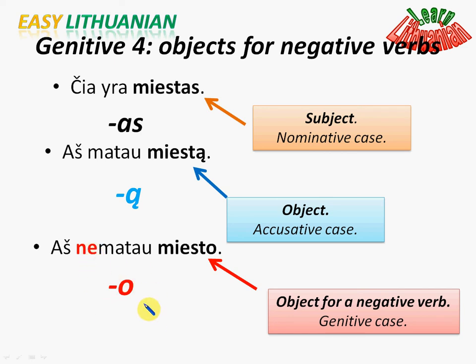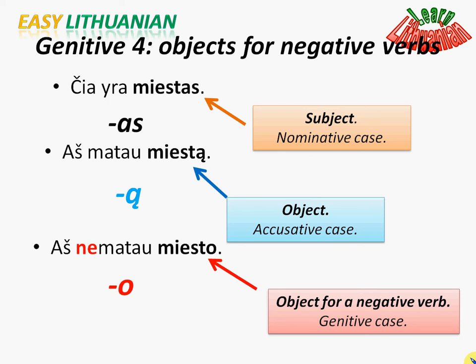This rule is very important, because foreigners still use accusative case, but the case should be genitive if you have a negative verb. So remember, this rule is one of the most frequent mistakes that foreigners make with Lithuanian.